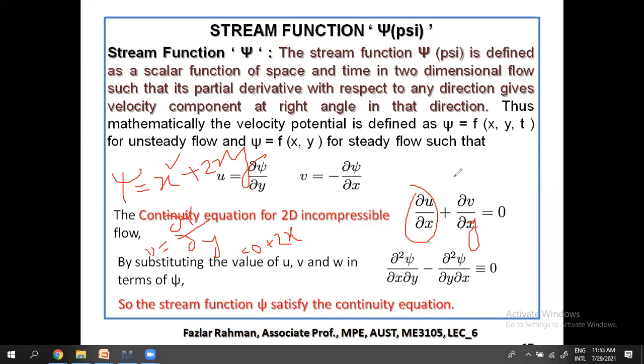Now you put this u over here, then del u by del x equals 2. Similarly, you figure out the v value, then you see whether it satisfies the continuity equation or not. If it satisfies the continuity equation, then you can say this is the right function for the streamline. That means this is the accurate stream function.